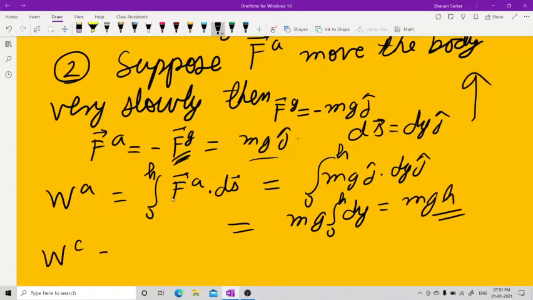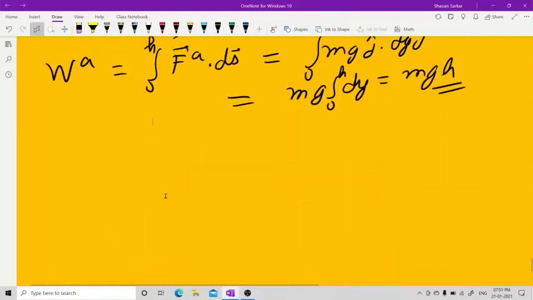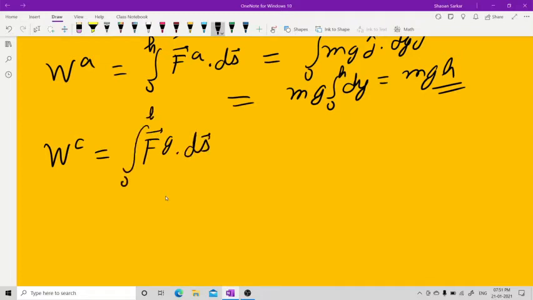Now work conservative, that is work done by gravitational forces, Fg dot ds from 0 to h, is equal to minus mg j cap dot dy j cap, from 0 to h. j dot j is 1 as per the dot product.